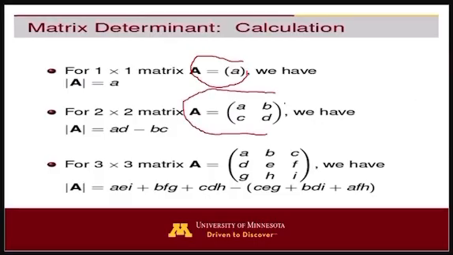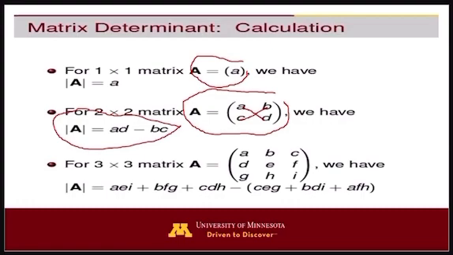You multiply the elements in the right diagonal, multiply the elements in the left diagonal, then subtract. Super easy, right? That gives you the determinant for a 2 by 2.